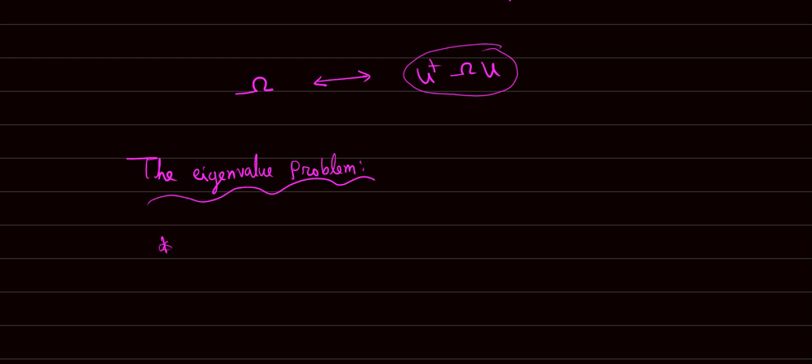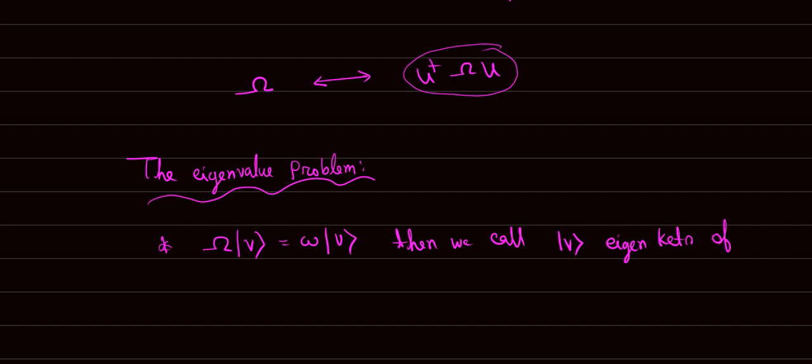Consider any operator omega acting on any ket V and giving us just some number times V. If it is given by this, then we call this ket V an eigenket of the operator omega with eigenvalue small omega.